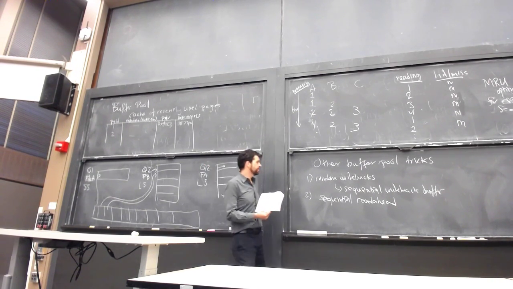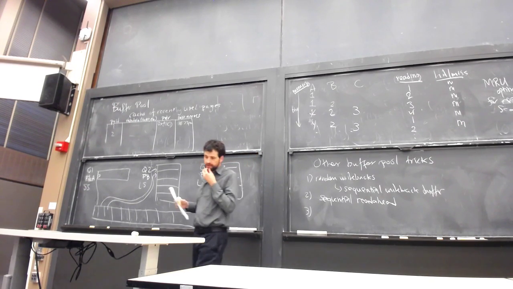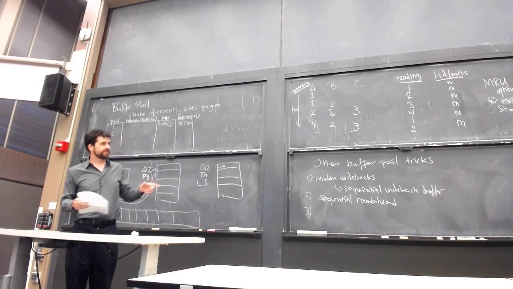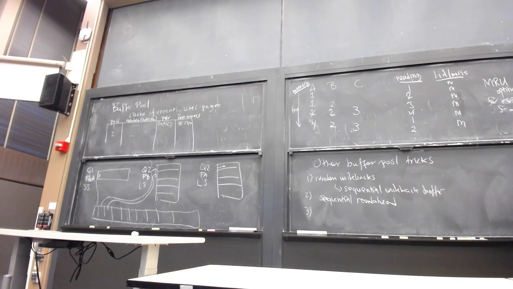And then the third thing is a trick we've already talked about, when you're doing index scans, right? If you remember, this is sort of random. In the case where you're doing this random iteration through a bunch of pages of this index, well, I know I'm doing a scan of a range of pages. I should sort those pages and then read them sequentially.